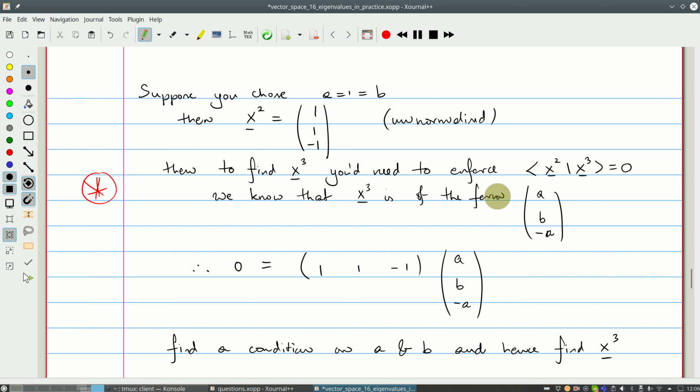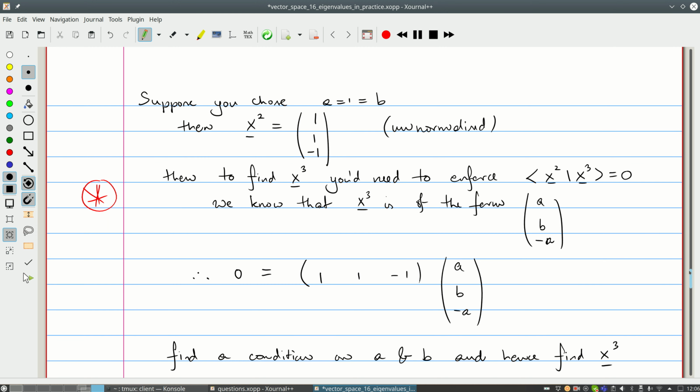If you choose any a's and b's and you have x1 and x2, what you can then do is use Gram-Schmidt to orthogonalize them. So there are many ways possible. There's always a simple one, and then there are the more complex ones, but there's a well-defined procedure using Gram-Schmidt to solve this particular kind of problem.